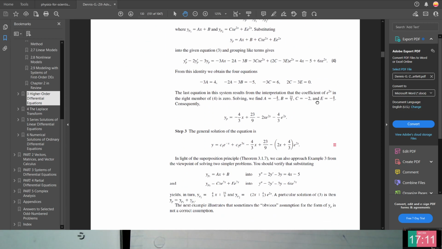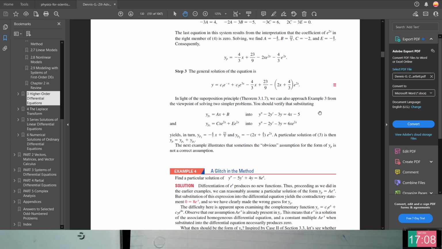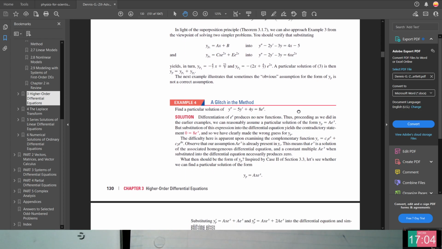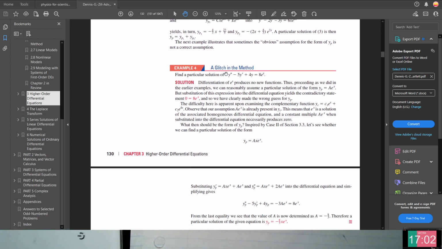Okay, they put the two functions together and then they didn't call it d because I don't know, they like that letter. Now they say find a particular solution of this, and they know that the differentiation of e^x produces no new functions.